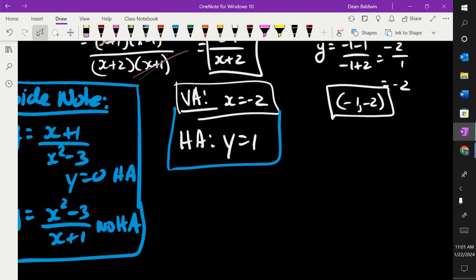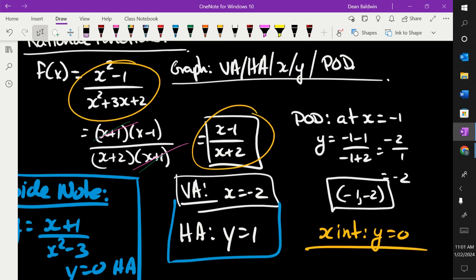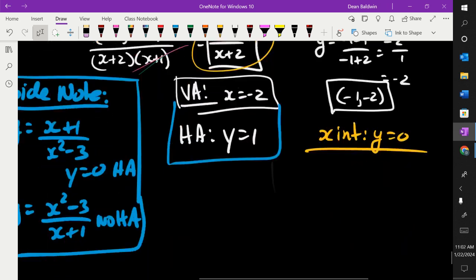Okay. What else do we need? XY intercepts. Does it matter which function you put it into, the factored or the unfactored? It doesn't matter. I would just put it into the unfactored. Let's do the y-intercept first.